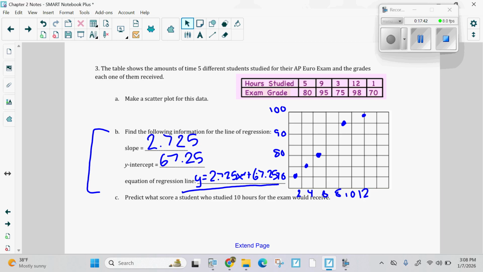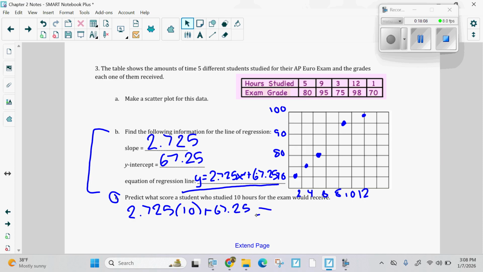And our very last problem that we're going to look at is to predict what score a student who studied 10 hours should get. So I'm going to put 10 in for x and see what we get. So 2.725 times 10 plus 67.25.